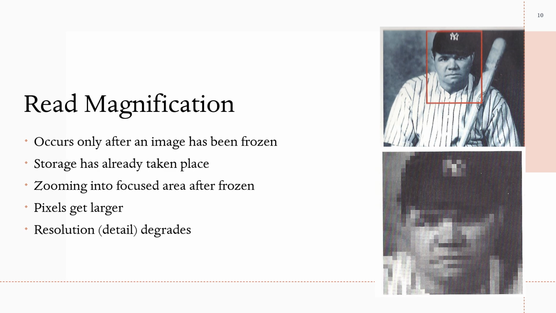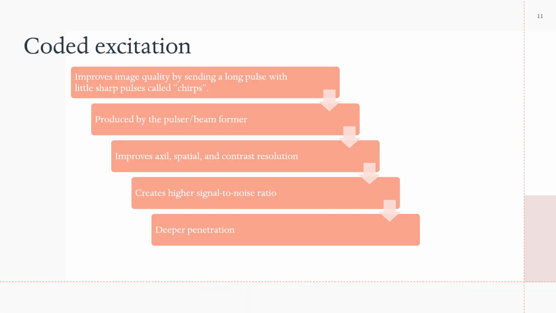With this, the pixels do get larger versus the write magnification where they do not. So this decreases our resolution. Resolution, or our detail, is reduced when we zoom in on a specific area after we have already frozen and stored the image.